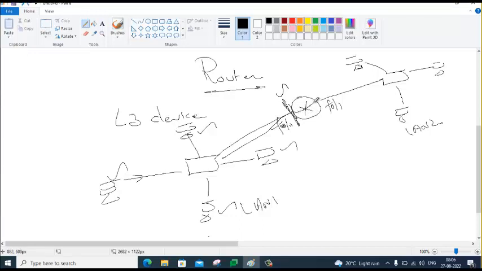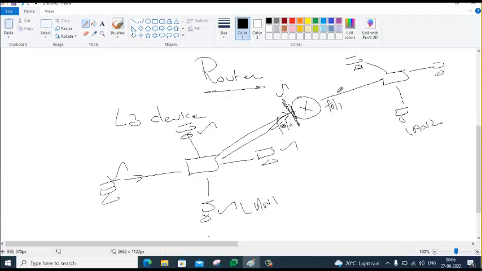It won't pass on to the other side. Which means if we have a default gateway, does it? No, nothing. So routers don't allow the flooding that comes on one port to go to another port. No flooding. If a packet comes with a specific IP address, I'm trying to answer your question.